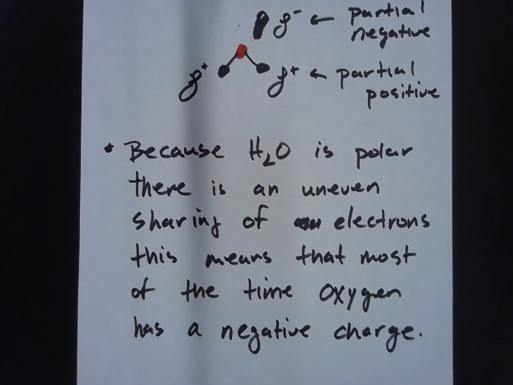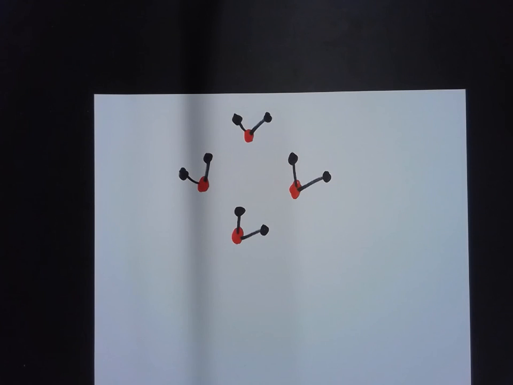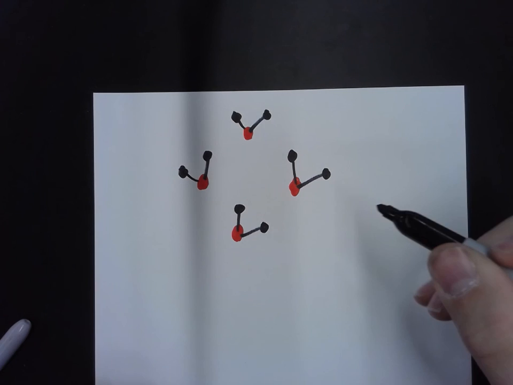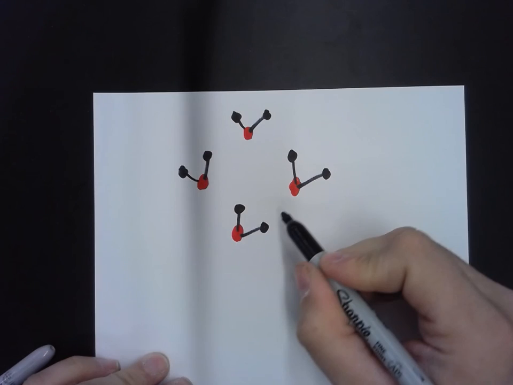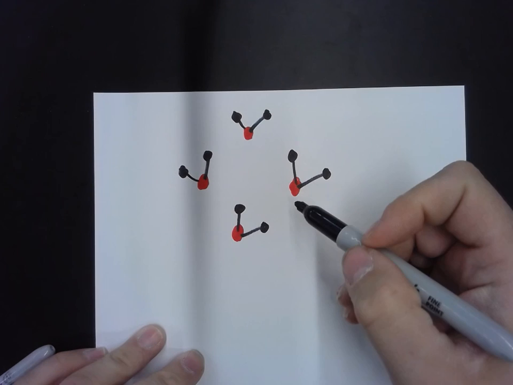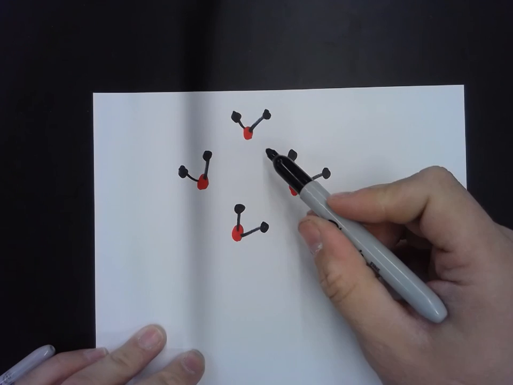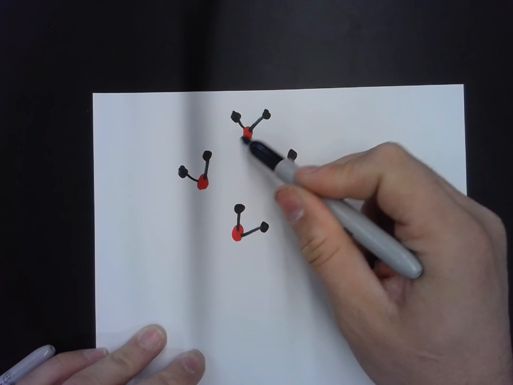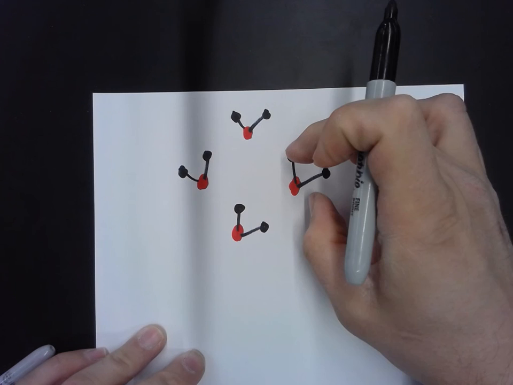Here are some water molecules. We said that this oxygen is hogging those electrons, so it creates a little bit of a negative charge. So with intermolecular forces, there's going to be an interaction between these molecules. It happens outside of the molecule. It looks like this.